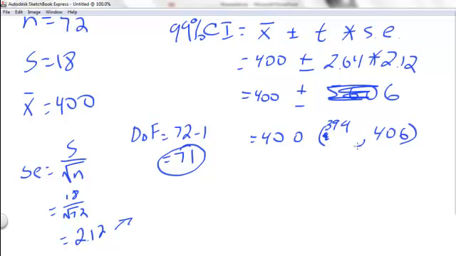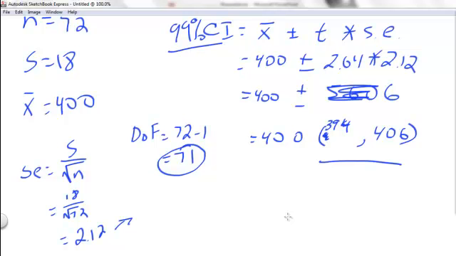Okay, so I am 99% confident that the population mean hours of life for light bulbs is between 394 hours and 406 hours.